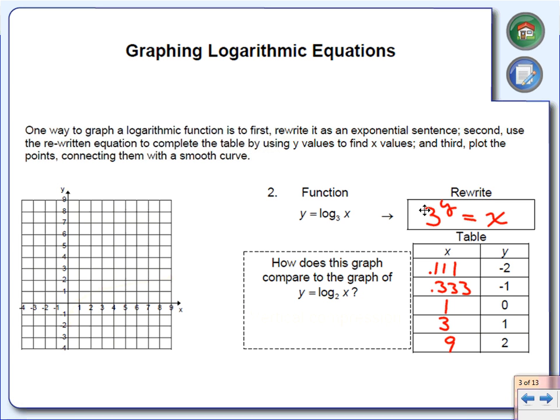We're going to see what this graph looks like. All right, I think most of you got your graph here, and this is what the graph should look like.